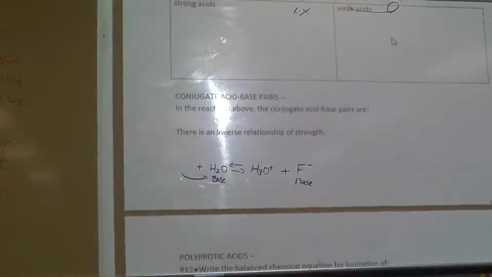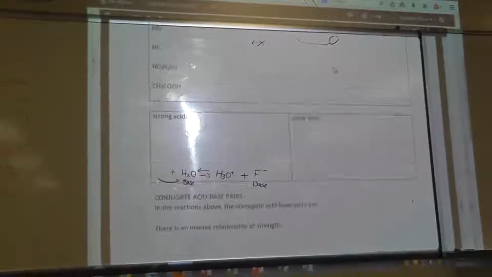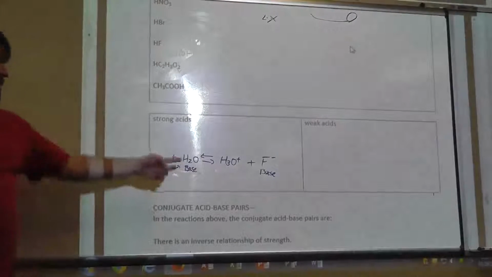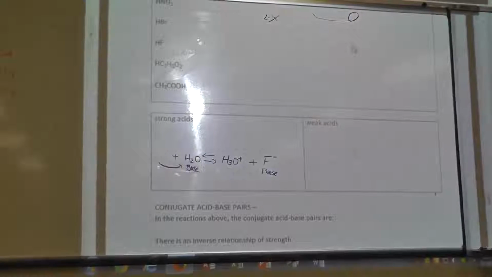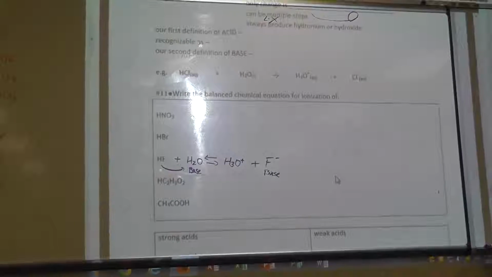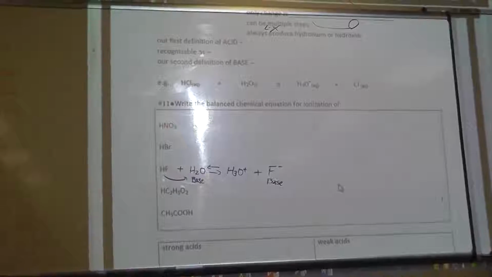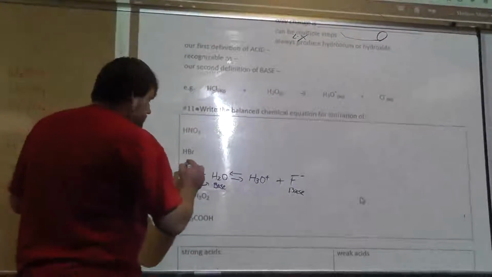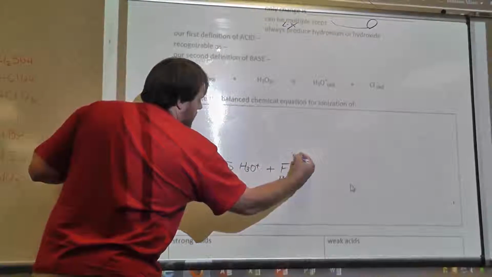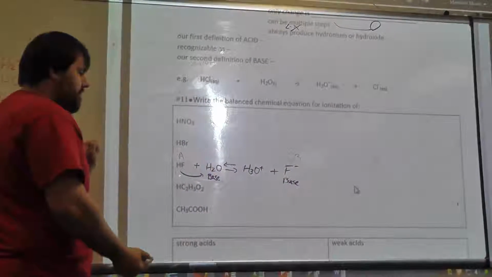Okay, there's where he shows exactly what I just showed you. The conjugate base pairs here at the bottom. So that would be what we just did right there. Scroll back up and put it on hydrofluoric. So if this is the acid, then this is the conjugate base to that acid.